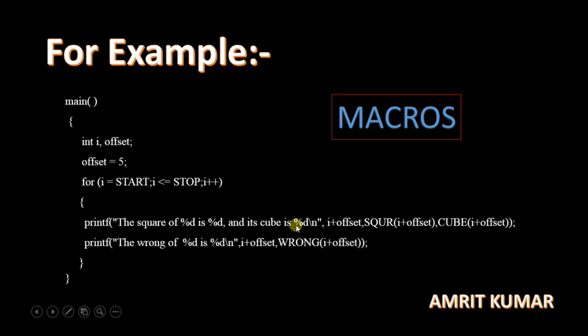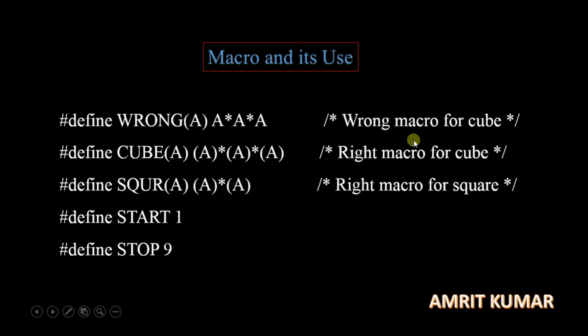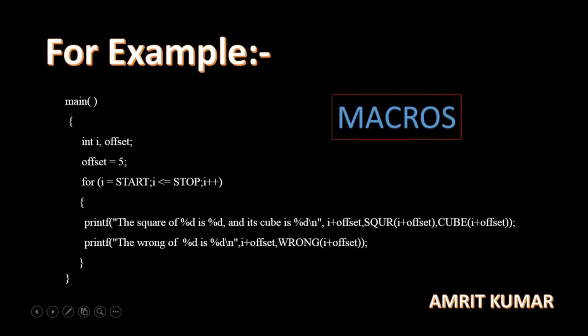Then it prints the next statement in a similar way, the wrong of %d is %d, which also contains i plus offset.